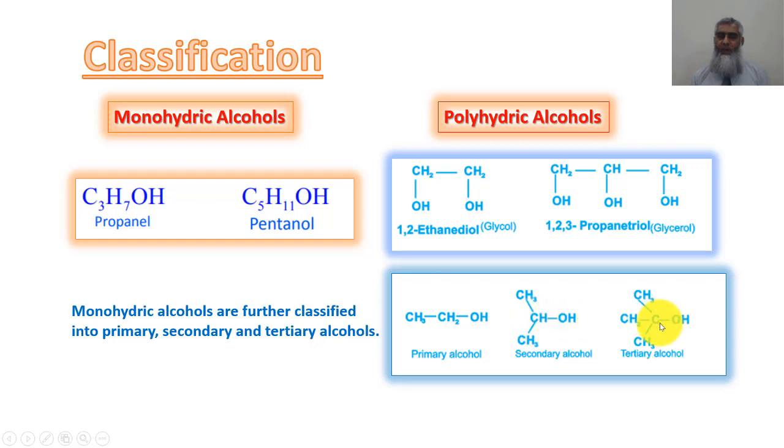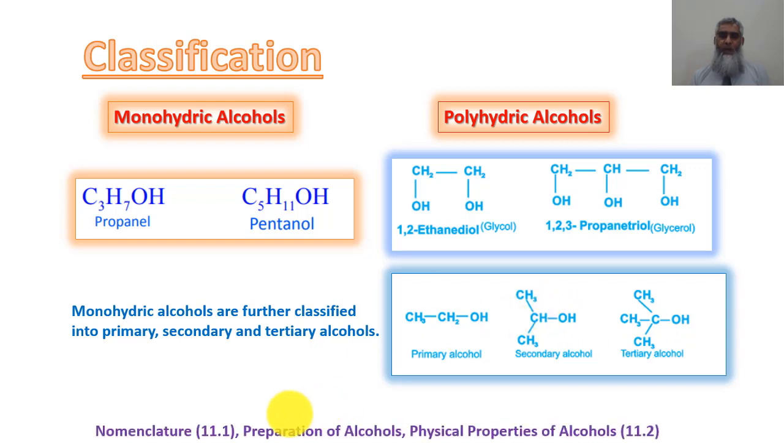This is the example of tertiary alcohol because the OH group is present on the tertiary carbon. The classification of primary, secondary and tertiary carbon atoms we have already discussed in the nomenclature of alcohols. We have already discussed the nomenclature in lecture 11.1 and preparation of alcohols and its physical properties of alcohols in the lecture topic 11.2.